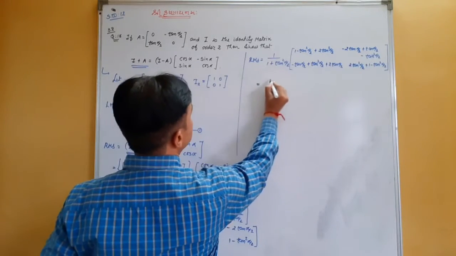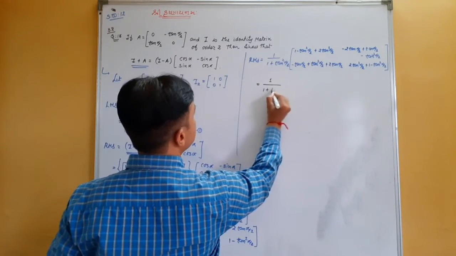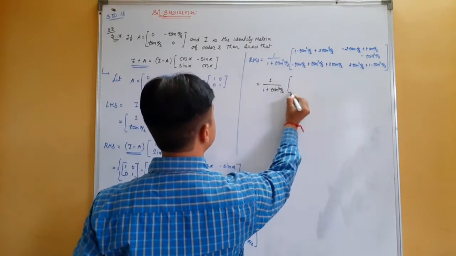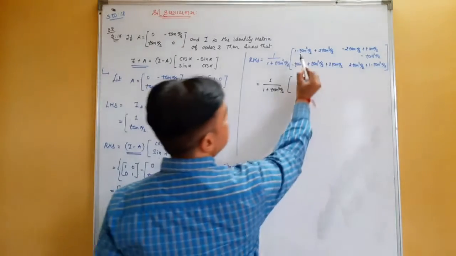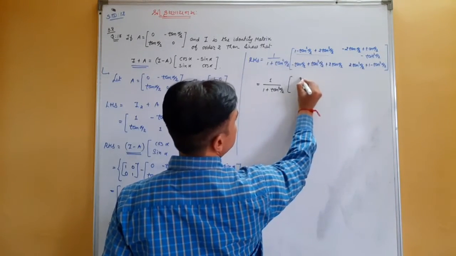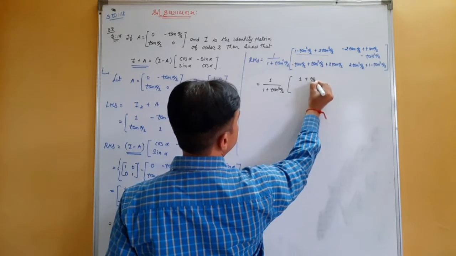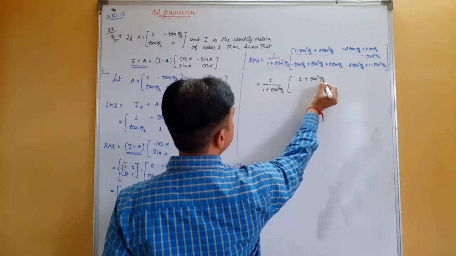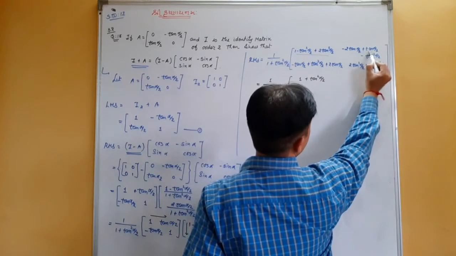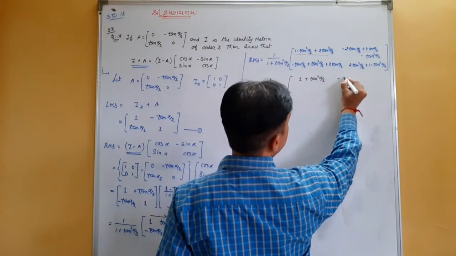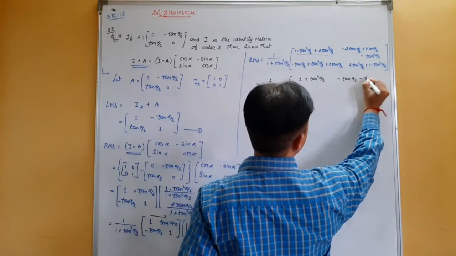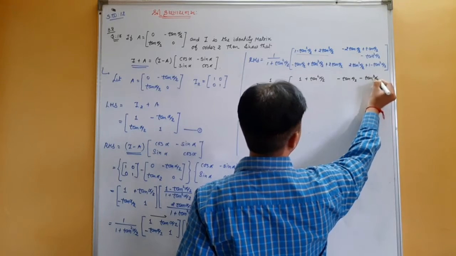Now simplify it. 1 upon 1 plus tan square alpha by 2. See, 1 minus tan square plus 2 tan square. So 1 plus tan square alpha by 2. 2 tan alpha by 2, tan alpha by 2 minus tan alpha by 2 minus tan cube alpha by 2.